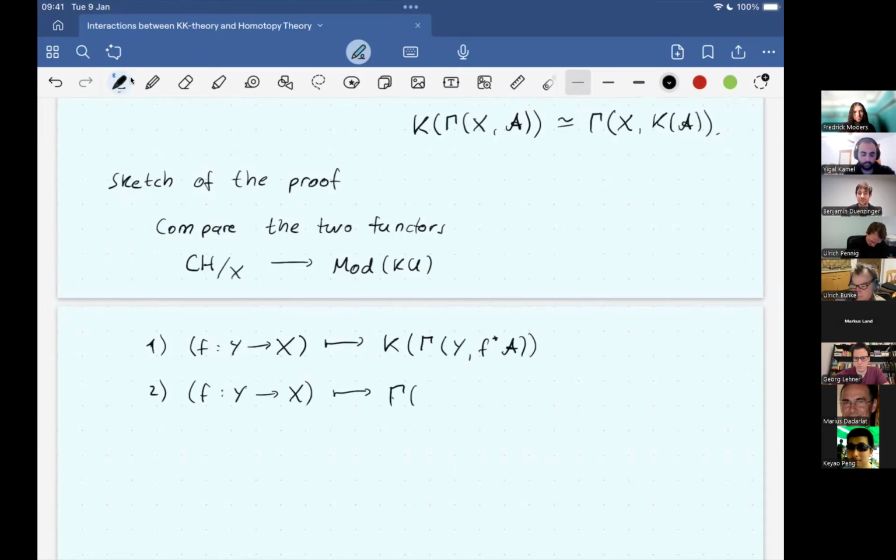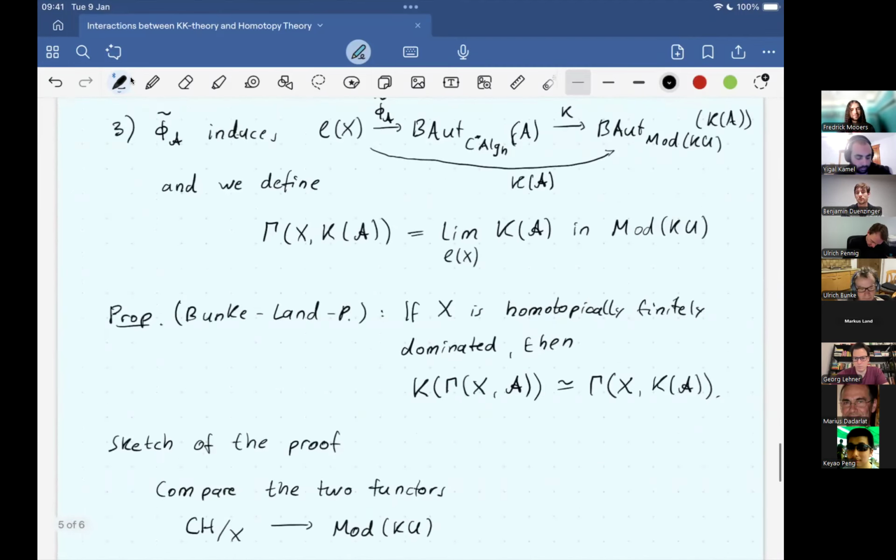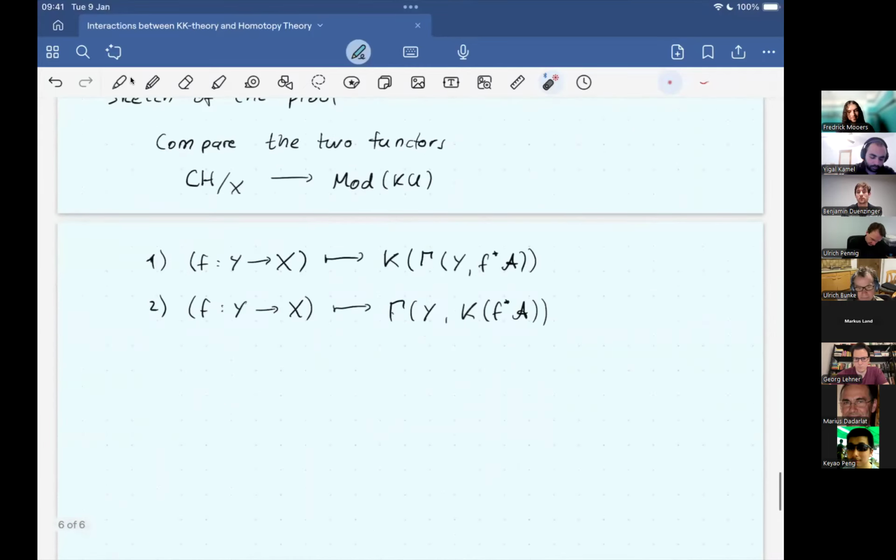Of course, I've written the L here. Okay, that's fine, right? This is Y identified with its underlying infinity.